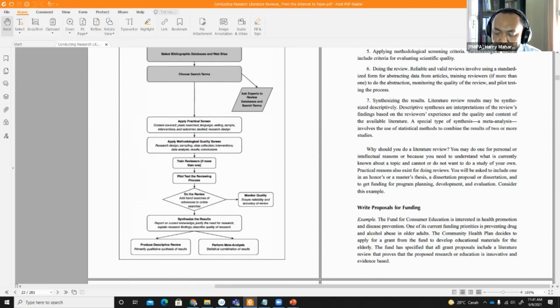You will already be used to how to do an effective literature search and literature review, so that you don't waste your time in this section, because literature review is only the first step, or the starting point, of your actual work, which is basically to write a paper or to give a presentation.